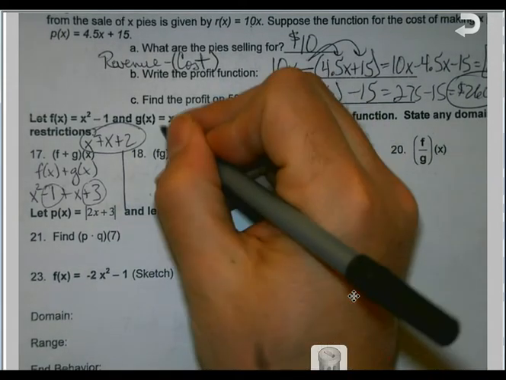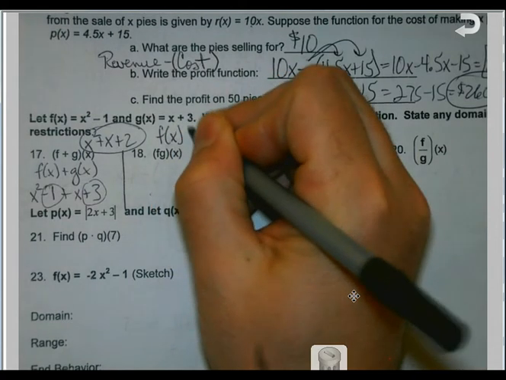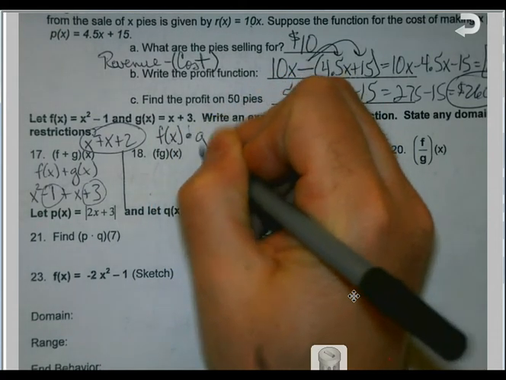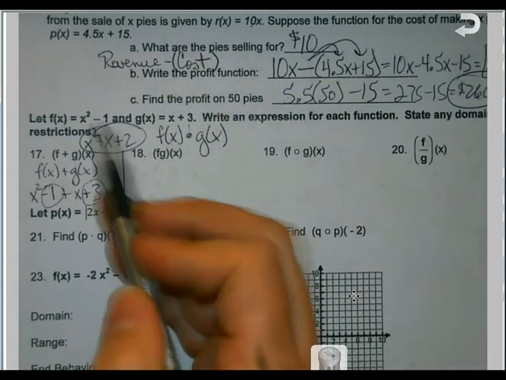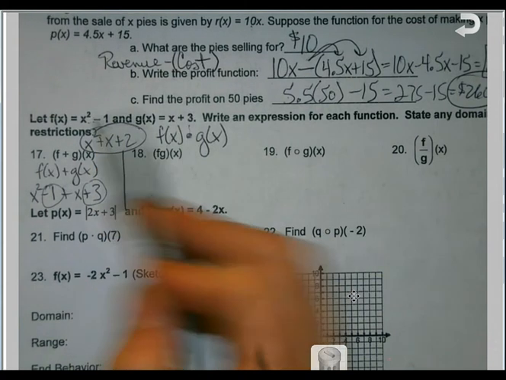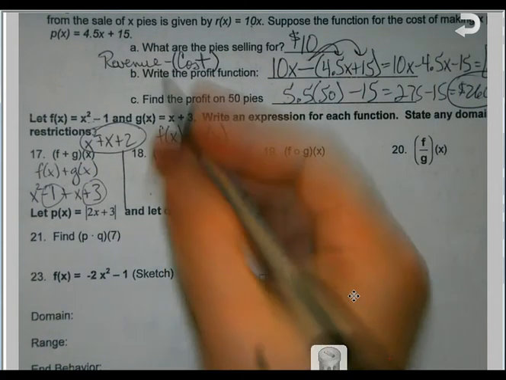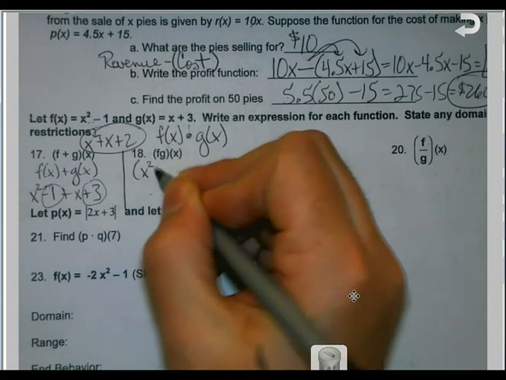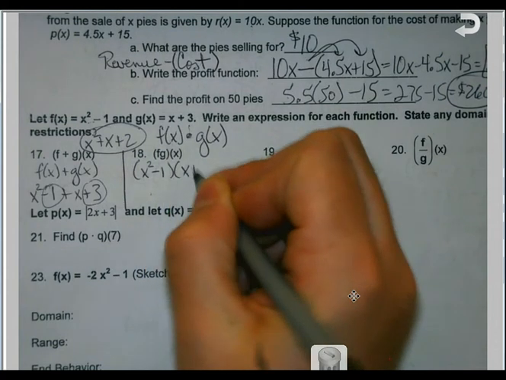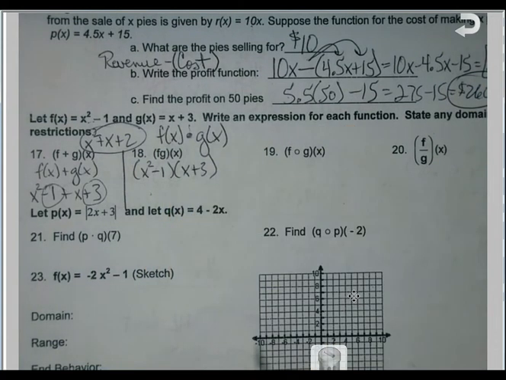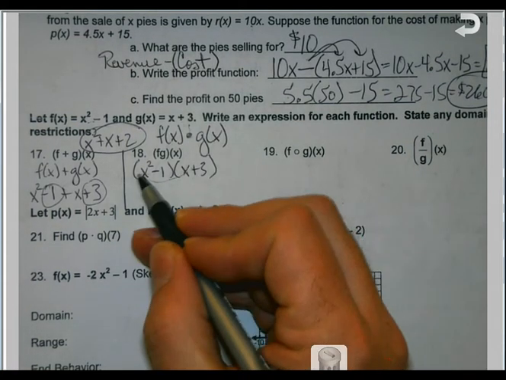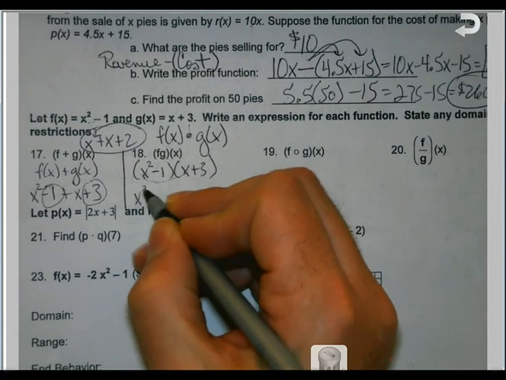Same thing working with 18. F times g of x. F of x times g of x. Foil or box these together. I'm literally going to multiply them together. So I've got my first x squared times x is x to the third.